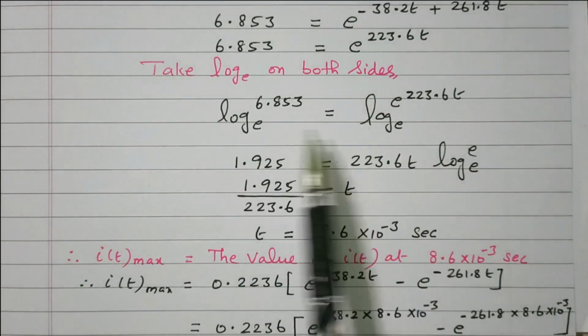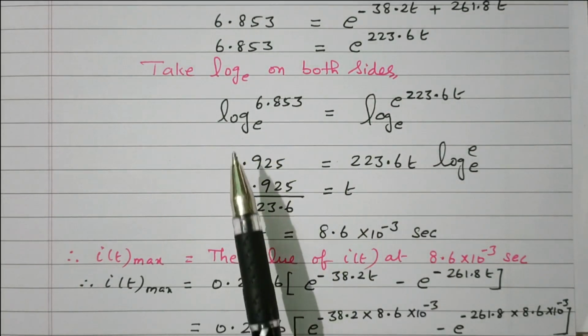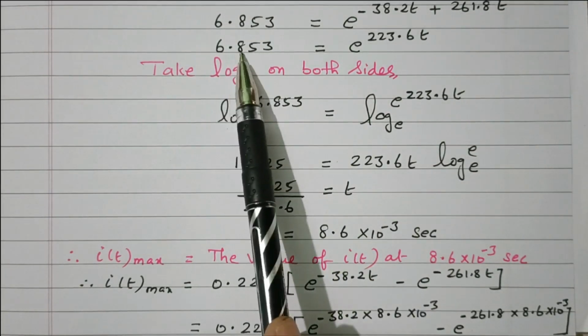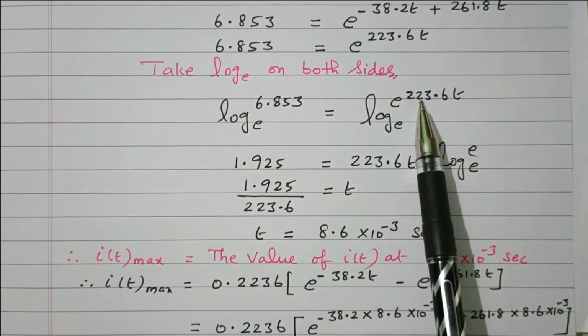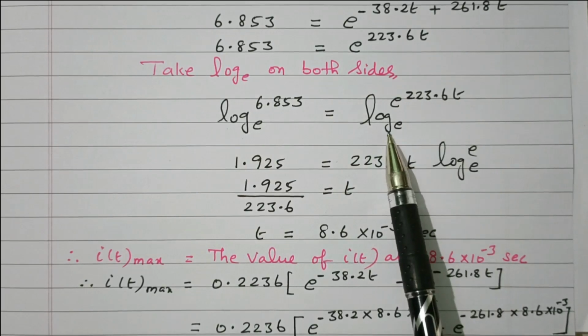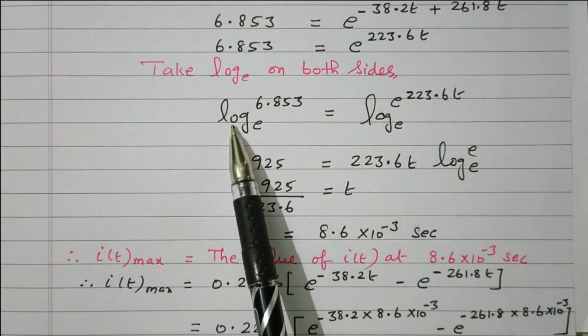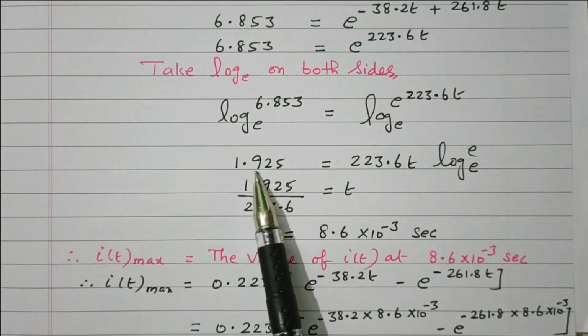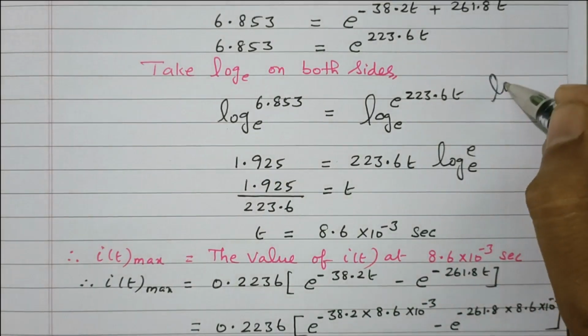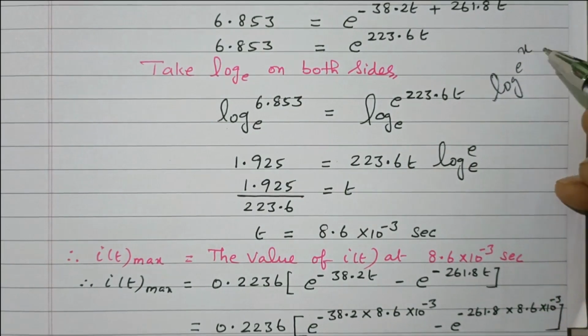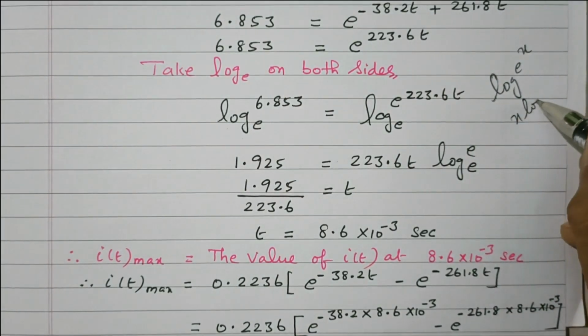So take log on both sides with base e. So log 6.853 base e equal to log e power 223.60 t base e. Right. So the value of this is 1.925. Log of e power x is nothing but x log e.